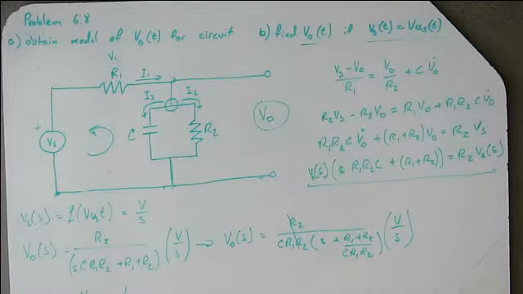This form is obviously something we know how to take the inverse Laplace transform of. I think I need this to be equal to that, annoyingly so.